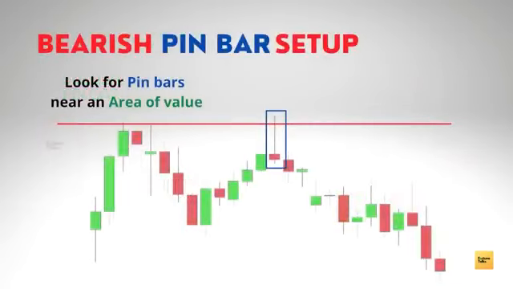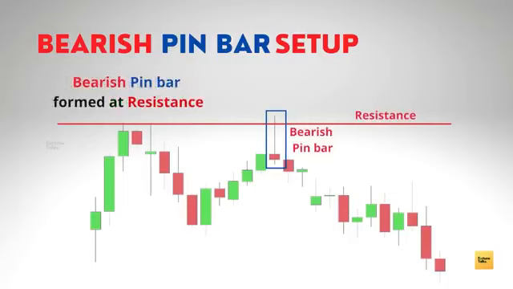Now, the other great time that you will find high probability trades with this candlestick, in addition to a trending market, is when the price is rejecting a level in the market that is of importance or an area of value. Now, these can often be the key support or resistance level or dynamic levels like the moving averages. In this example, the price moves higher into a key resistance level.